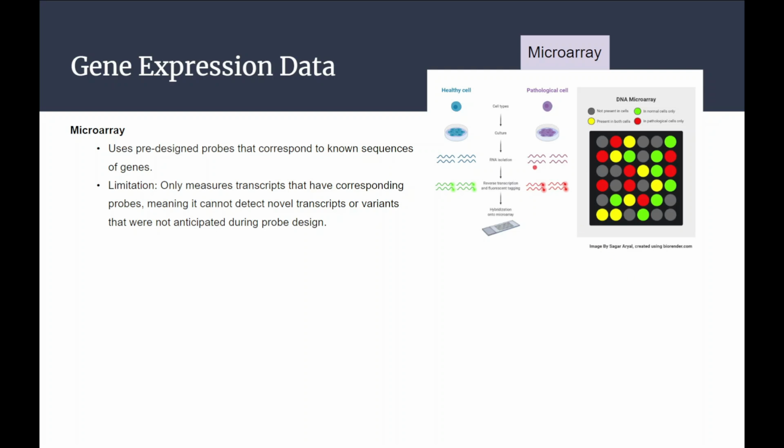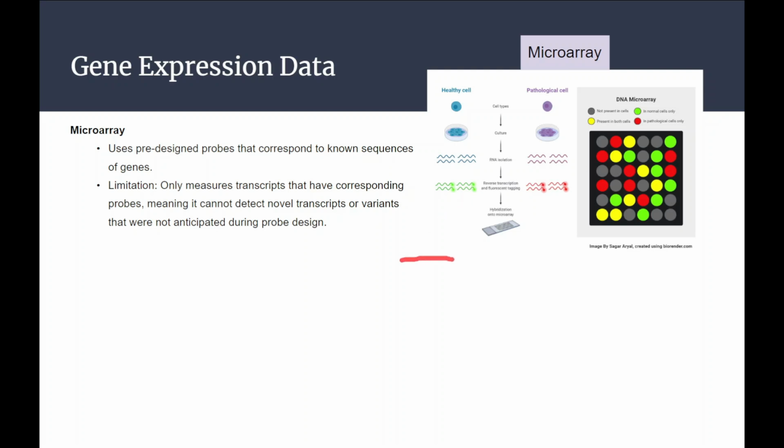So we are collecting the RNA. We have the cell types. Let's say, for example, this is the healthy cell culture and this is the pathological cell culture. From the culture, we isolate the RNA, and then we go for reverse transcription and create the complementary DNA. Now we are also adding a tag.